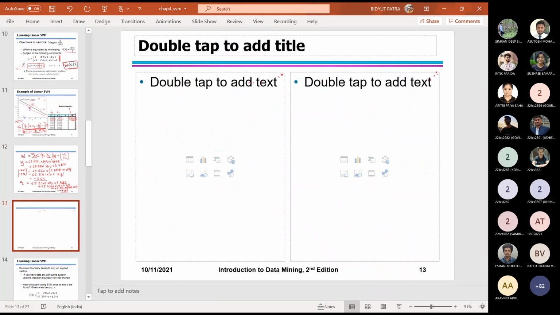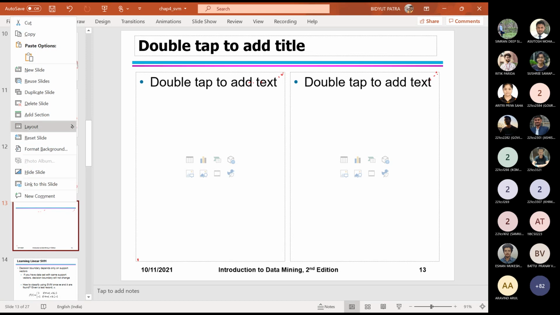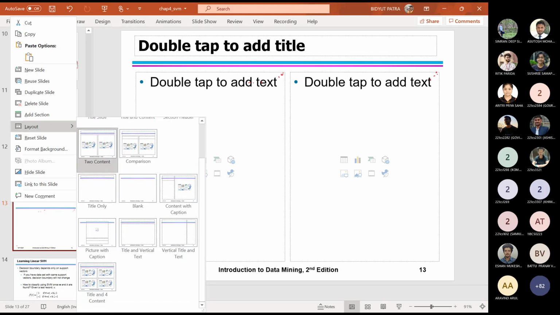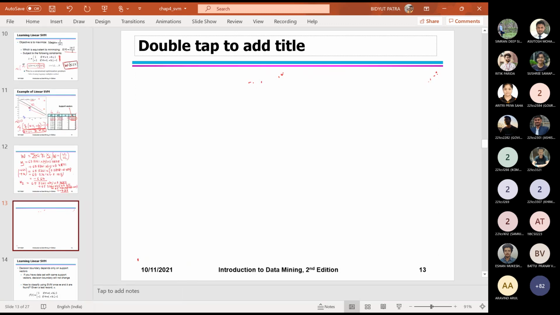So it has a format, I think. But I cannot delete. You have changed the layout of the previous slide. You have to change the layout of this slide also. So I should go to layout. Next, blank. Blank is not working. Title only. Okay, this will work.